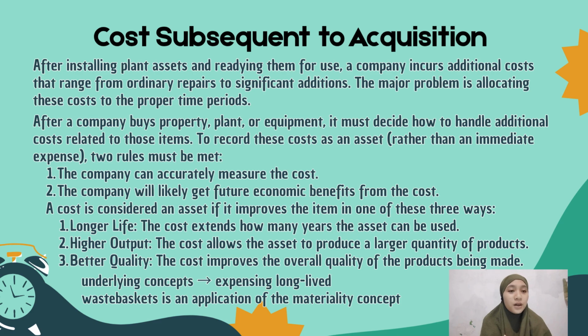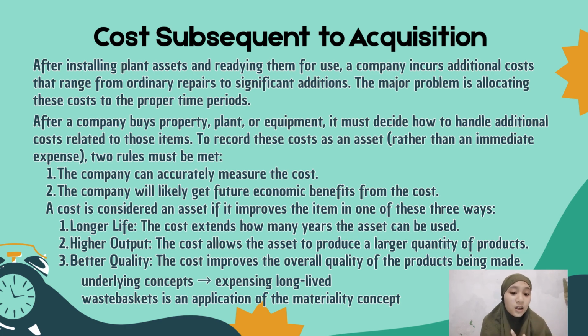After a company buys property, plant, or equipment, it must decide how to handle additional costs related to those items. To record this cost as an asset rather than an immediate expense, two rules must be met. The first one is the company can accurately measure the cost. The second one is the company will likely get future economic benefits from the cost.